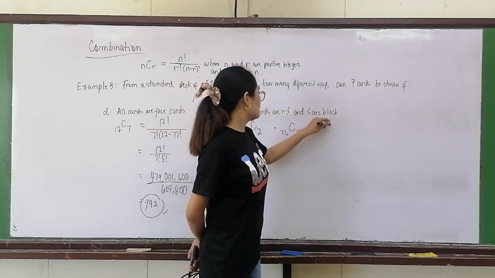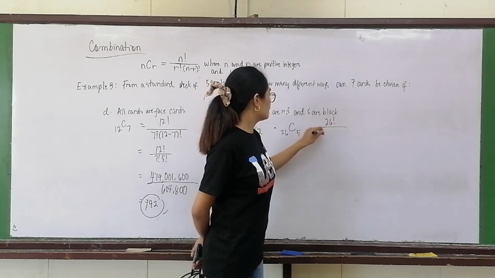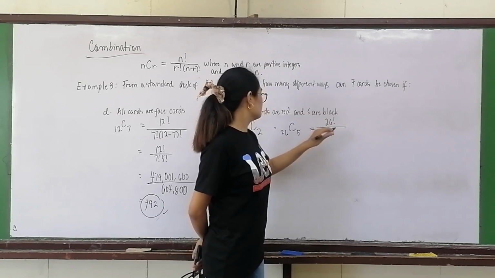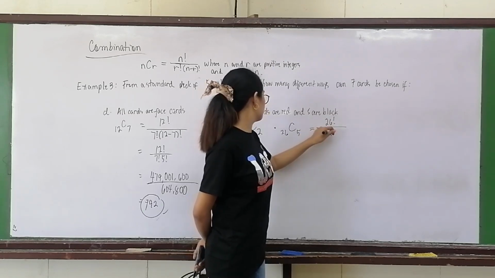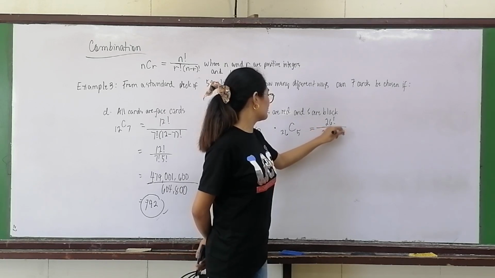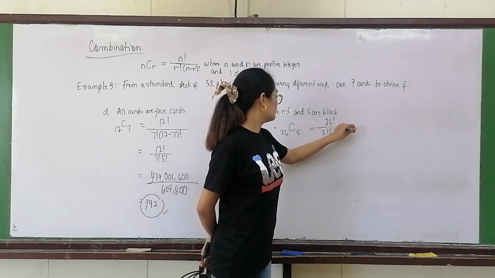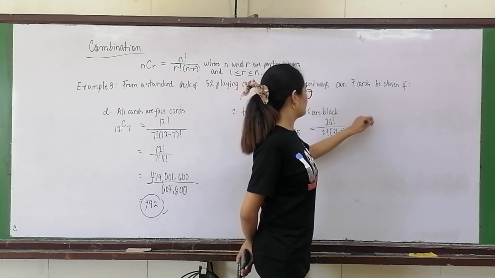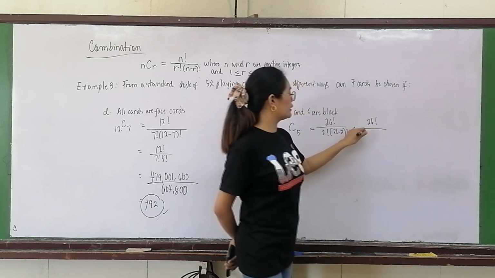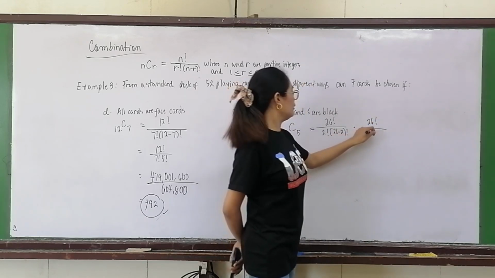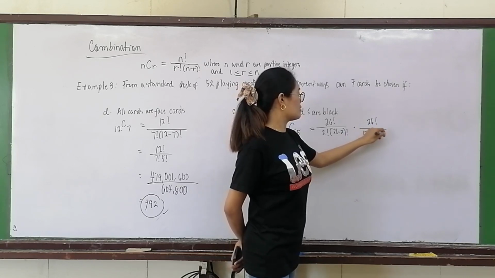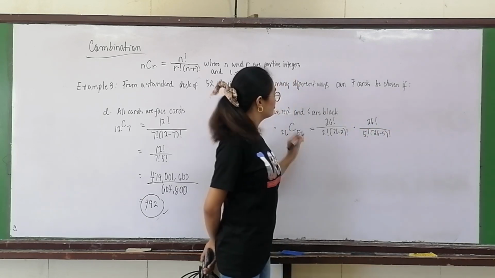That would be 26 factorial over 2 factorial times 26 minus 2 factorial times 26 factorial over 5 factorial times 26 minus 5 factorial.